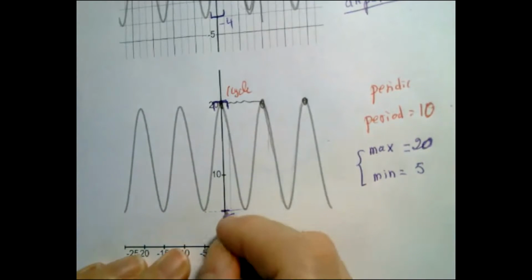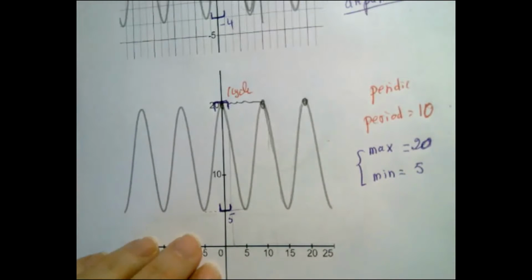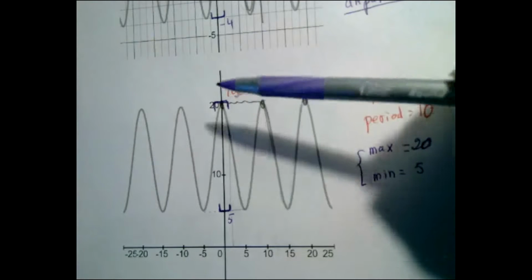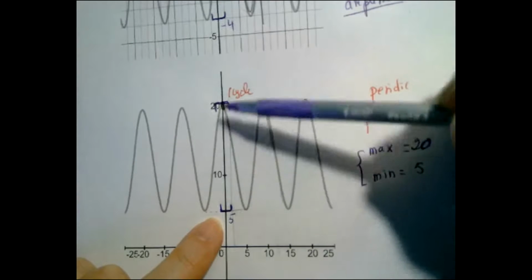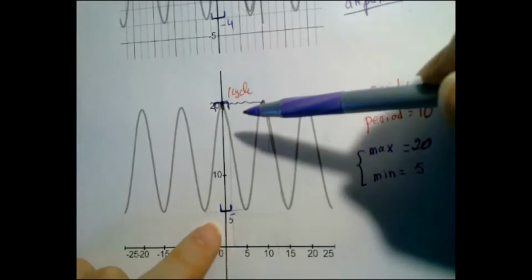With me? What's the midline? Now what's the amplitude? The midline is the line that is halfway between 20 and 5. Everybody's telling me 12.5, everybody is correct. So how can we find halfway?